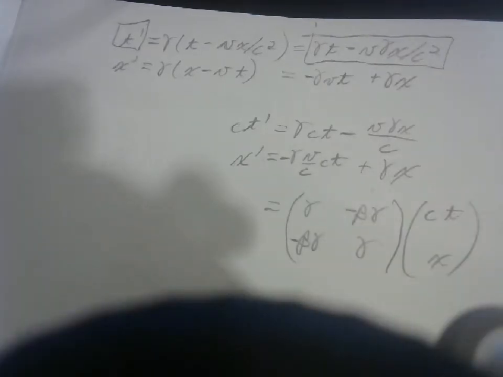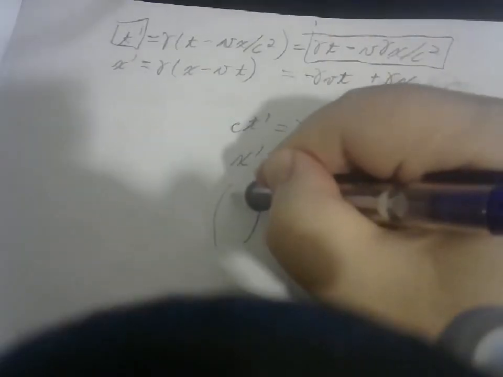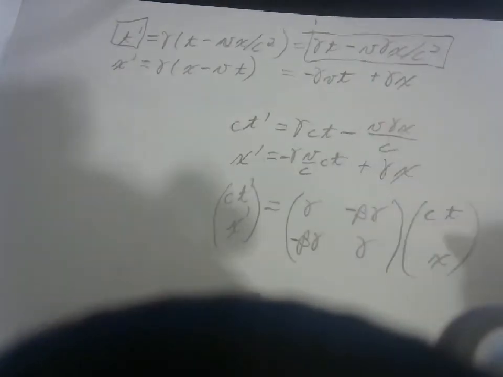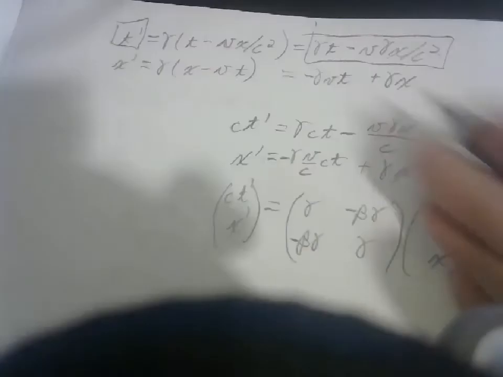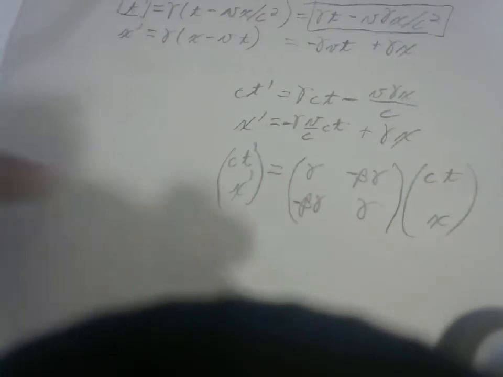And you see how symmetrical that is? c t prime, x prime is equal to gamma, negative beta gamma, times c t, x, negative beta gamma, gamma. It's diagonally the same here, diagonally the same there. And all you had to do was change this to a c t prime instead of a c t.